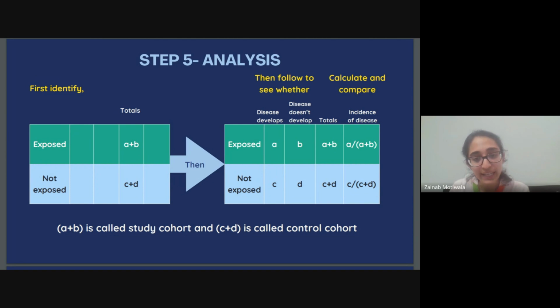So when we talk about relative risk, we talk about the incidence of a disease in the exposed divided by the incidence of a disease in the not exposed.